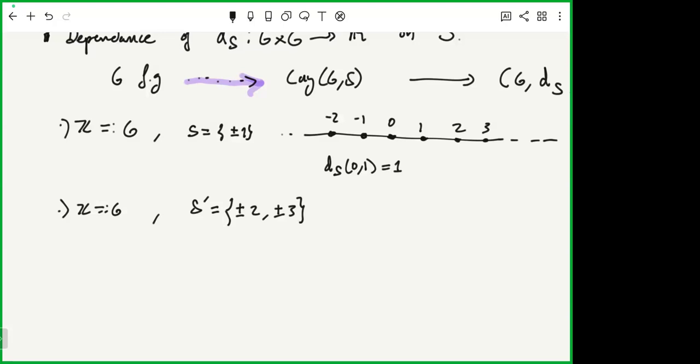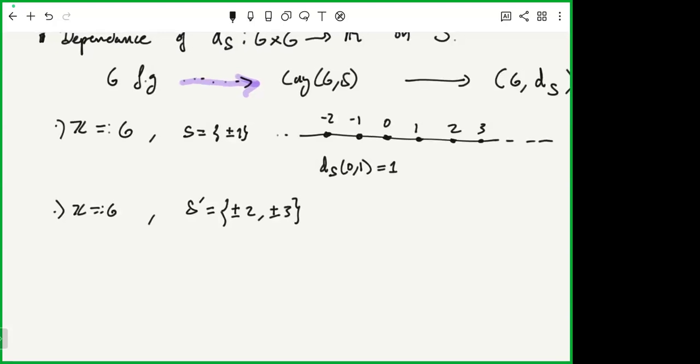Let me go onto a new page. So now the group is the same, and I take as generators plus minus 2, plus minus 3. Now I have this sequence again, minus 2, minus 1, 0, 1, 2, but my edges change. Now the vertex set is the same, but it's not the same graph.